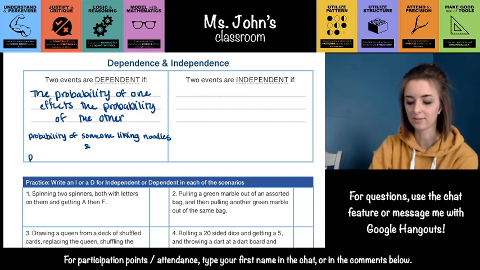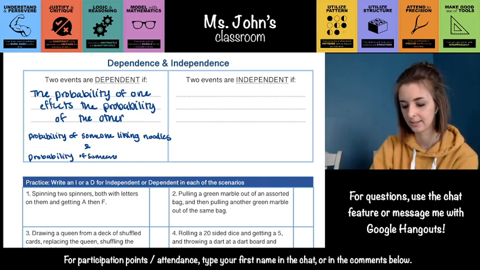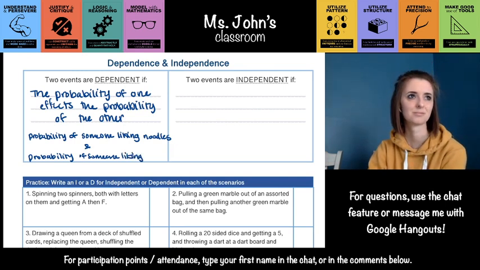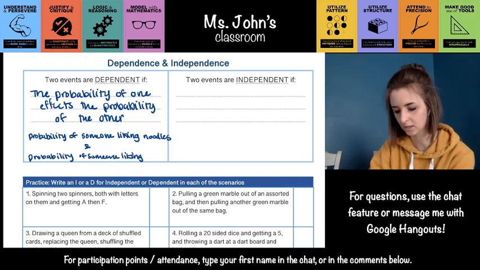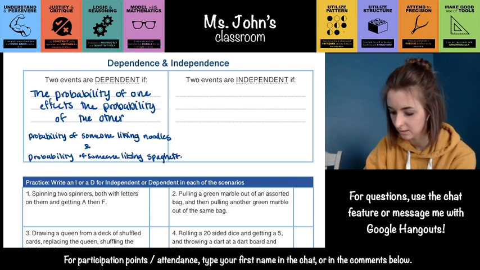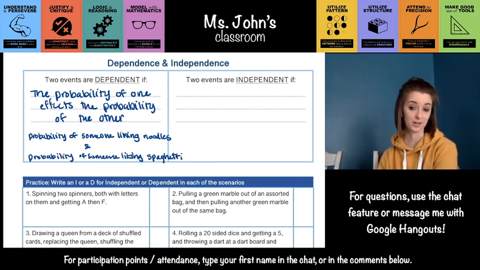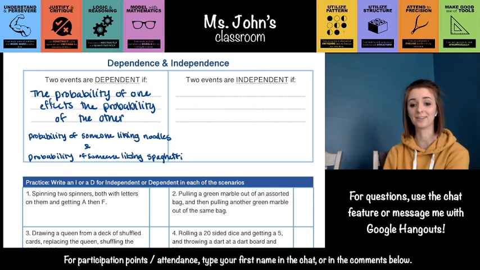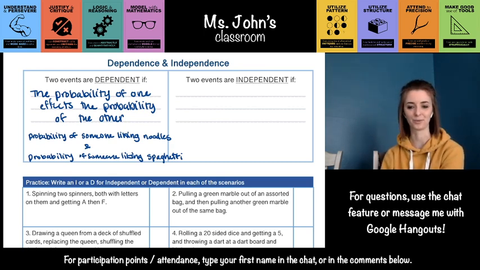And the probability of somebody liking spaghetti specifically, or something else made out of noodles. Yeah, I'm going to go with spaghetti because I like spaghetti. Try to think of a better example for your notes because that's a terrible example. But if somebody hates noodles, they're probably not going to like spaghetti, right? So the probability affects each other. They depend on one another.